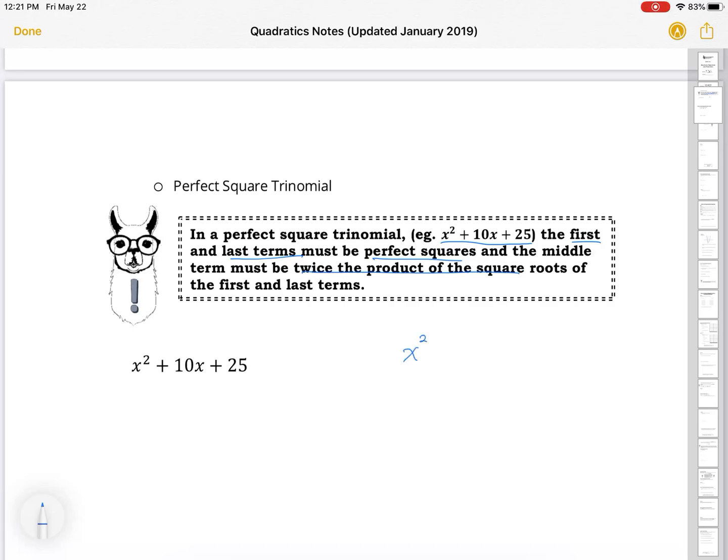So x squared is a perfect square, and 25 is a perfect square. And if we took the 5 and the x and multiplied them by 2, we would get our middle term, and yes, we do.